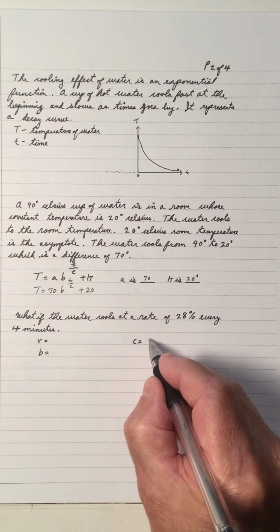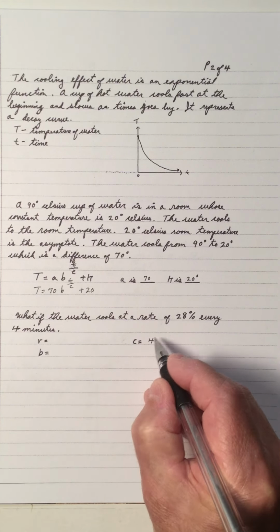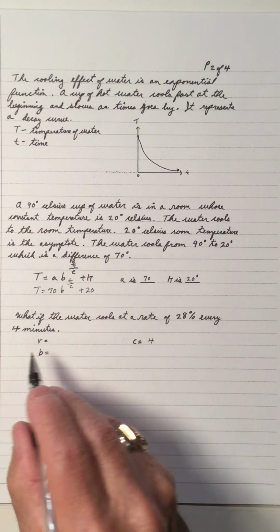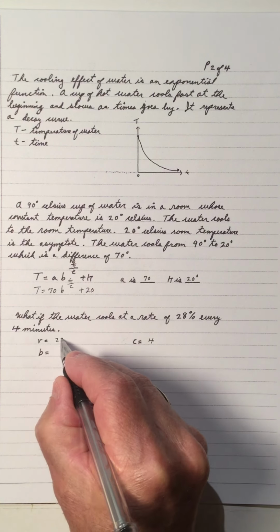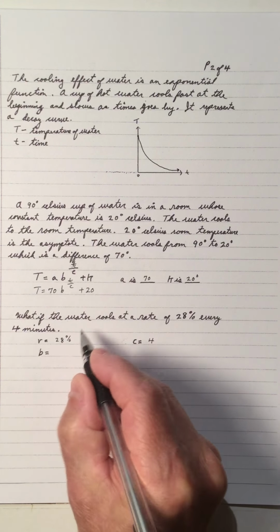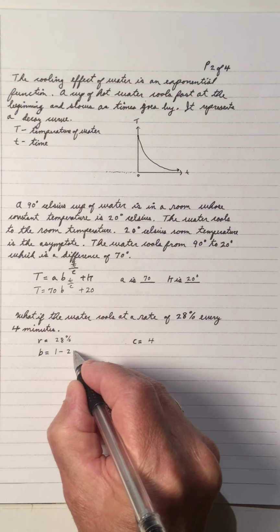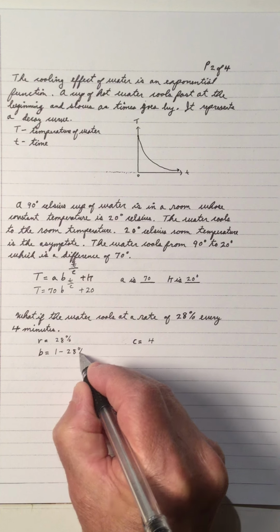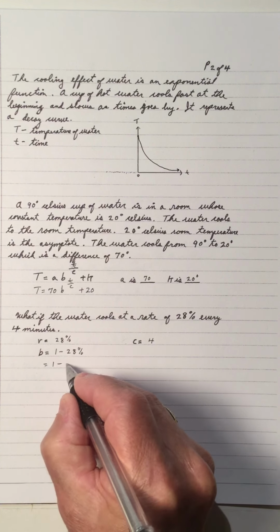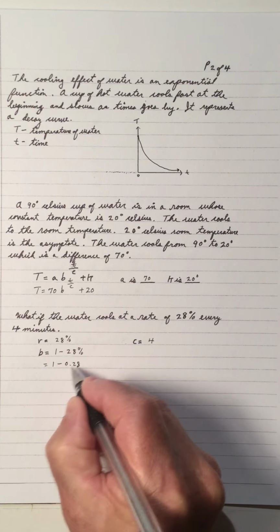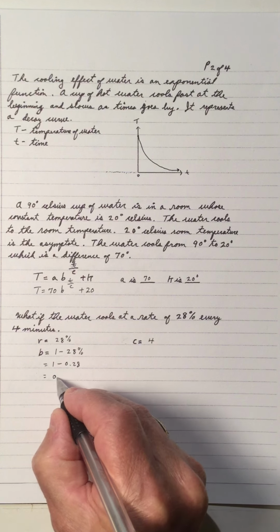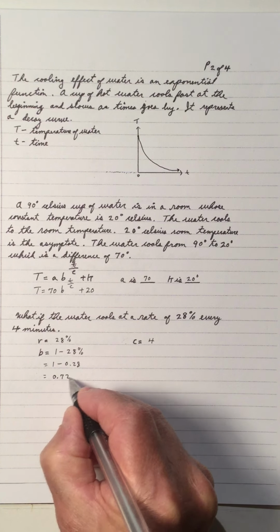Well, every 2 minutes C is 4. That's the increment change every 4 minutes. The rate is 20%. So the base is 1 minus the rate, so it's 1 minus 0.28. So the base is 0.72.